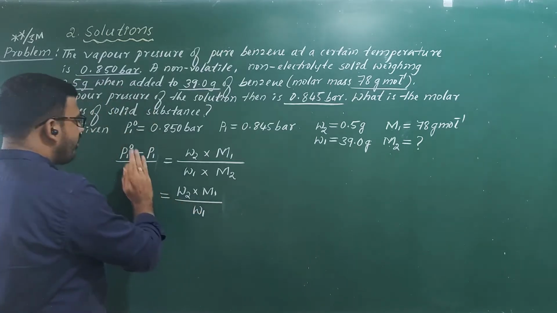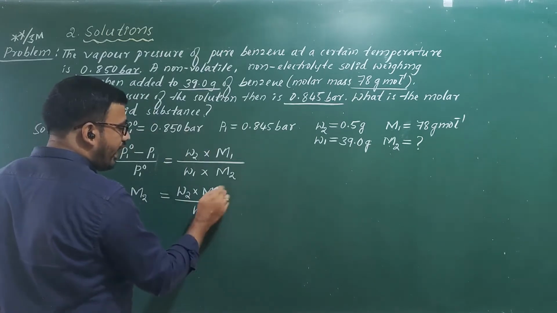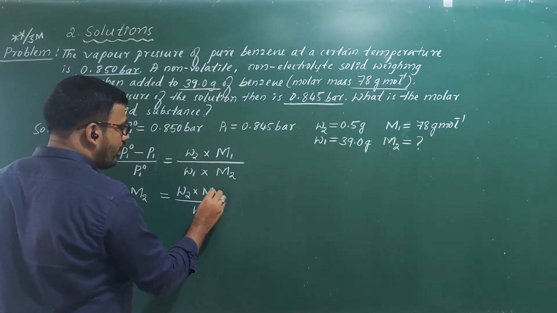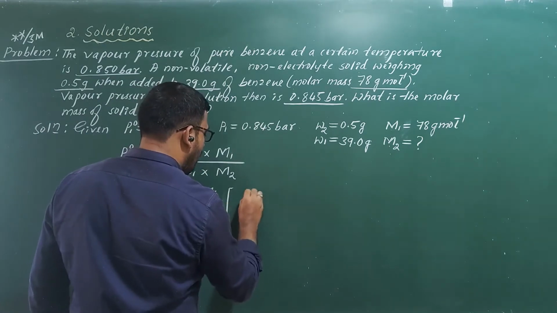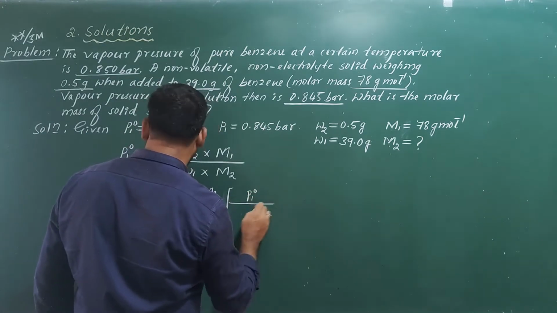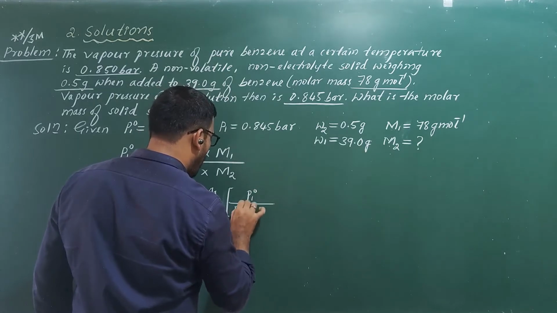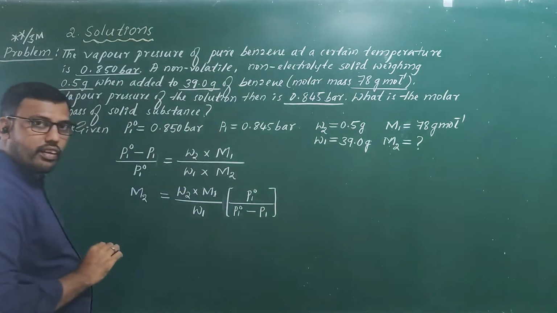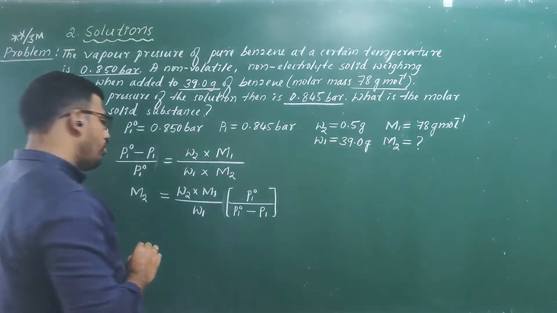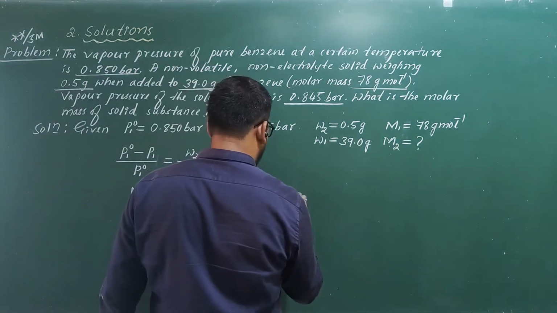Now, if this quantity comes to the right, it will be reversed. So M2 equals W2 M1 over W1 times P1 naught divided by (P1 naught minus P1). It becomes like this on rearranging. Now you just substitute the values.